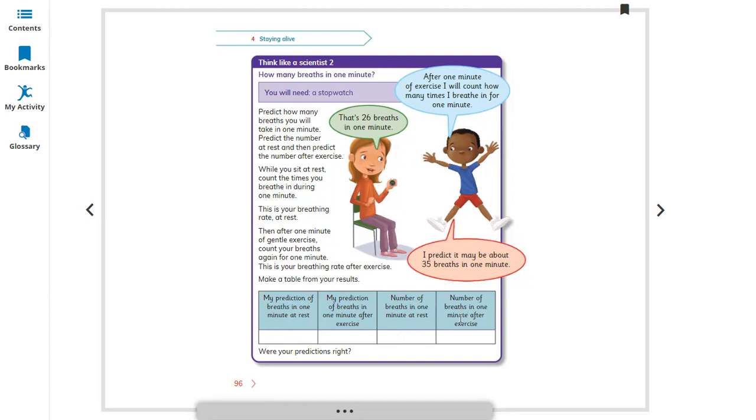And after exercise, when 1 minute is finished, then it's maybe 36, 34, or 35. Okay, you can do this by yourself. You can do it at home. No need to go anywhere. Just jump for 3 to 4 minutes, and you can find it. You need more oxygen.